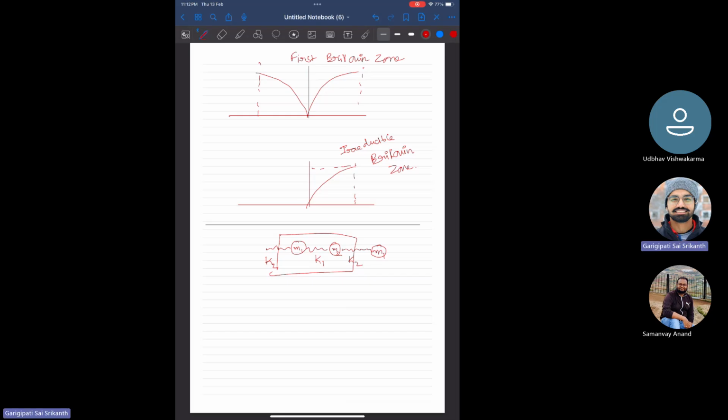So whichever spring connects M2 from the right side has to connect M1 from the left side. Right. So this is a dimer, and here also the motion is restricted to the horizontal axis.